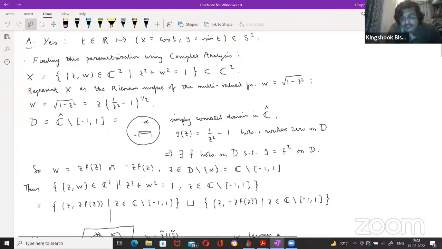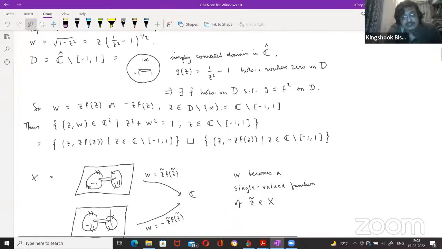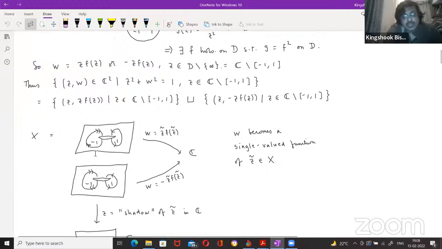So that means if I look at the part of this algebraic curve where the z coordinate lies in C minus the interval -1 to 1, then it becomes a disjoint union of two sets: points of the form z comma z times f of z, where z belongs to C minus -1 to 1, disjoint union points of the form z comma minus z f of z.